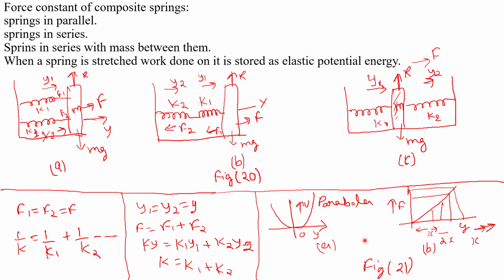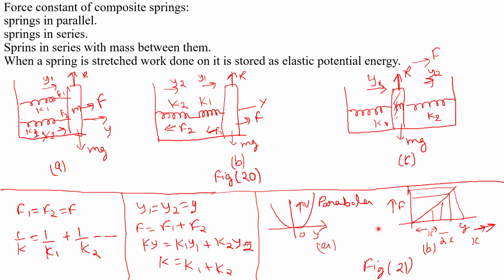So work done in stretching the spring from 0 to y is W is equal to the integration from 0 to y of Kx dx, which is equal to half of Ky square. So the elastic potential energy stored in the spring is U is equal to W is equal to half of Ky square, that is work done or elastic potential energy stored in a spring varies quadratically with stretch.